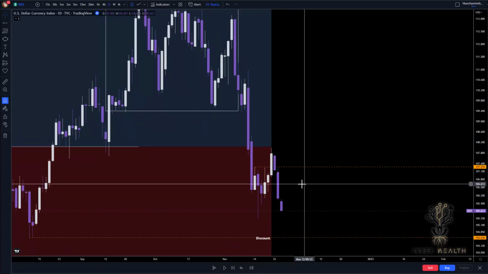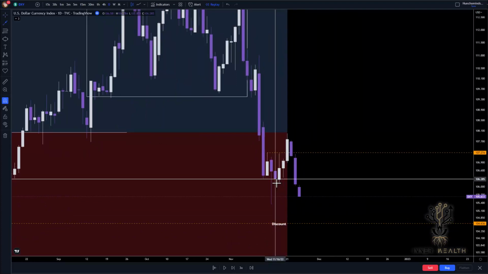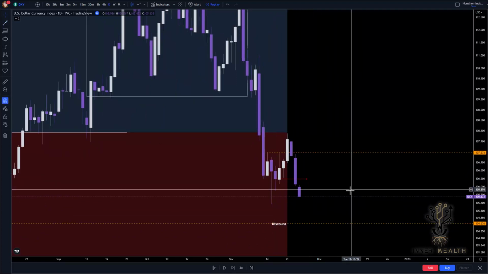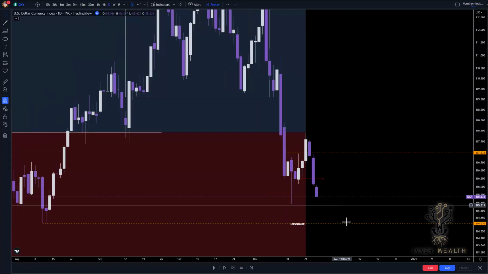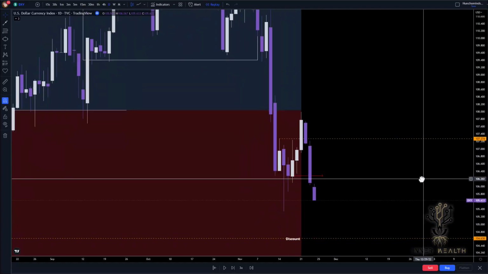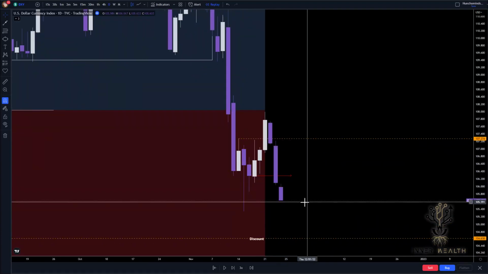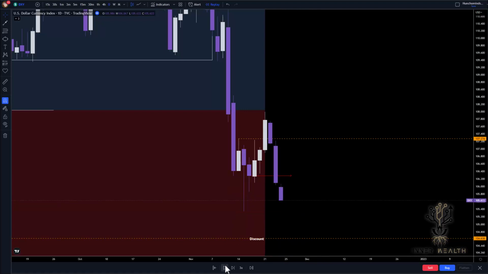But now what happens once you get this break is a new range is created, right? On the daily now, a new range has been created for you. So what are we going to look for below this low? One time frame lower is accumulation, right?